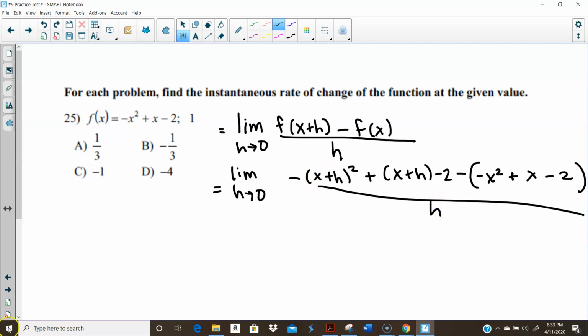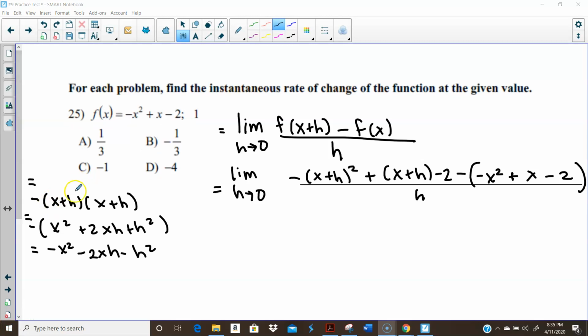Now I'm going to simplify the numerator. Over here, I did x plus h times x plus h. You have to do first, outer, inner, last, and then there's a negative out in front, and this is what I ended up getting. So now I'm going to simplify what I have so far. I have the limit as h approaches 0.